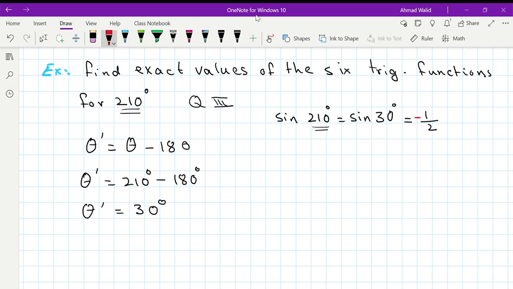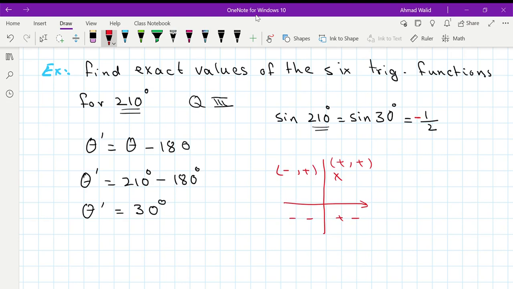Remember this? I will draw it, but I'll erase it back. Here x positive, y positive. Here x negative, y positive. Here negative, negative. Here positive, negative, right?